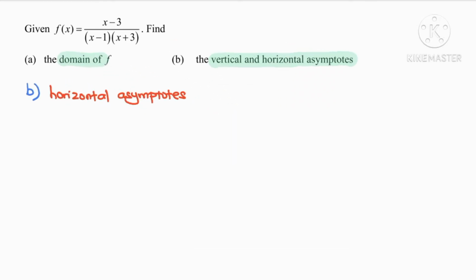Next, let's find the horizontal asymptote. We are going to find limits when x is approaching positive and also negative infinity. This one we call infinite limits. Now, let us start with direct substitution.